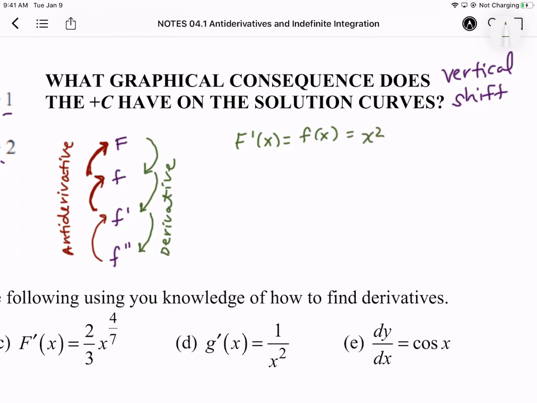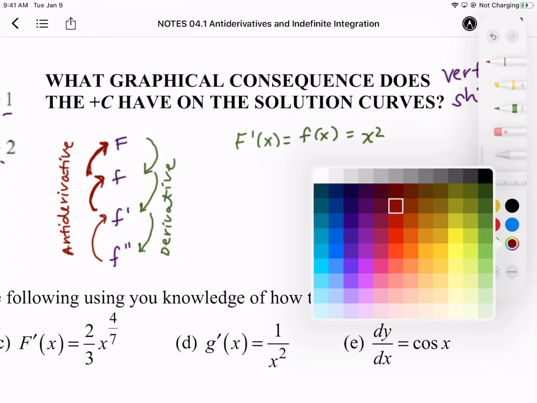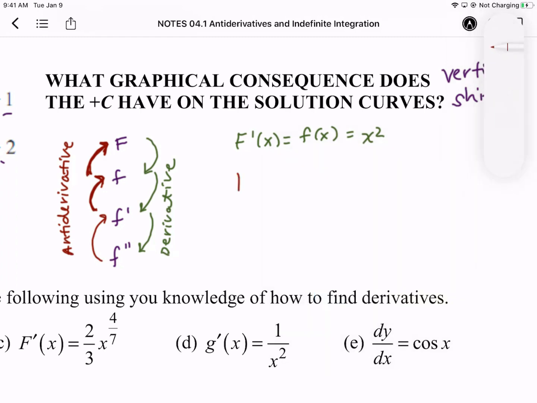And then going back, to get big F, we would take the integral. This is the indefinite integral of f of x, and that equals 1/3 x cubed plus c.